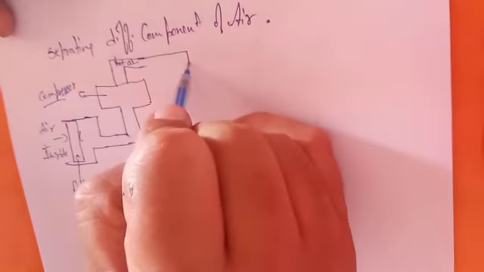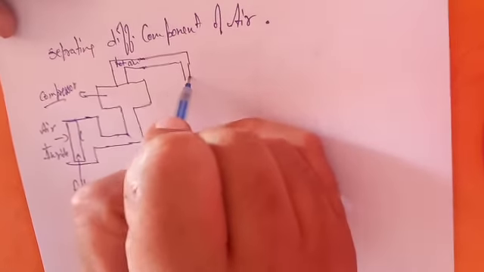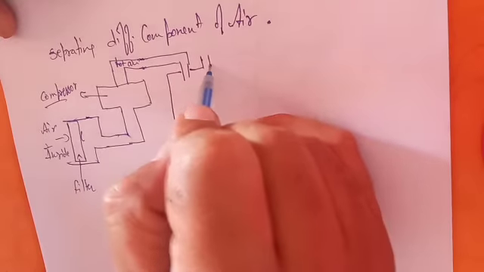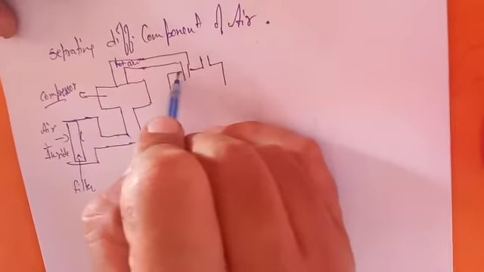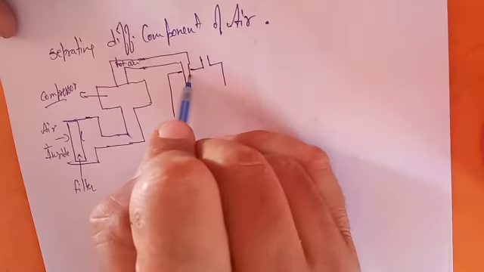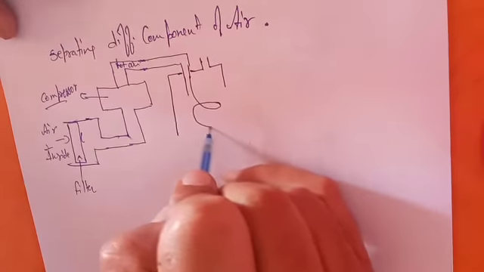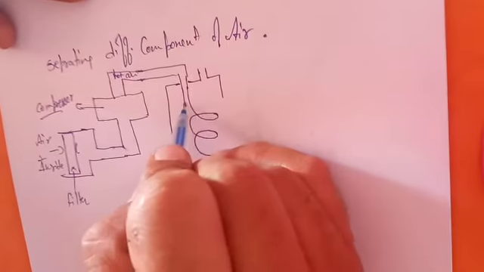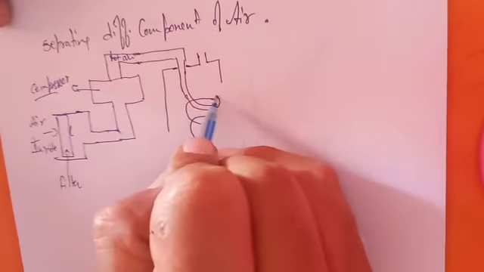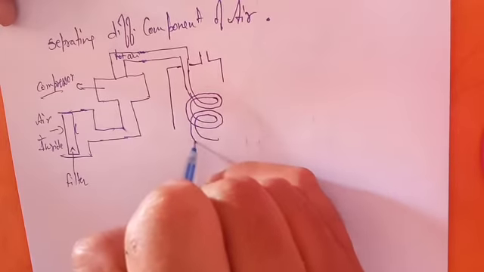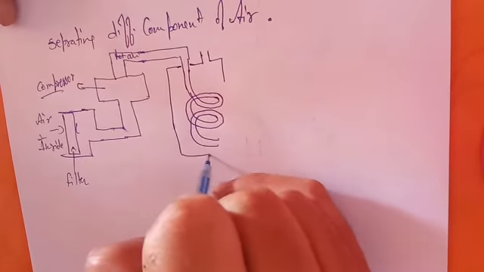This hot compressed air we will pass through a condenser. The condenser is a simple thing in which you make the air pass through pipes, and these pipes are surrounded by cold water.